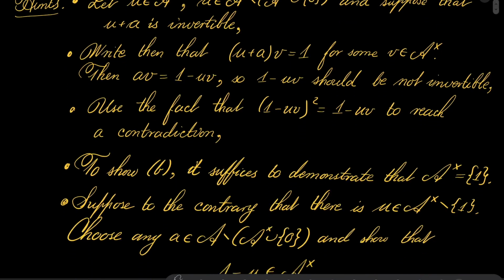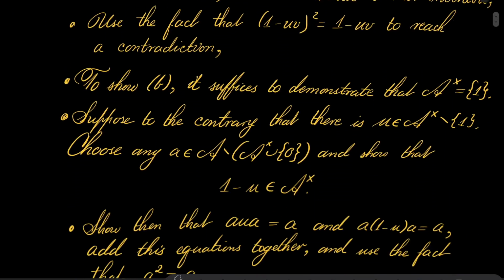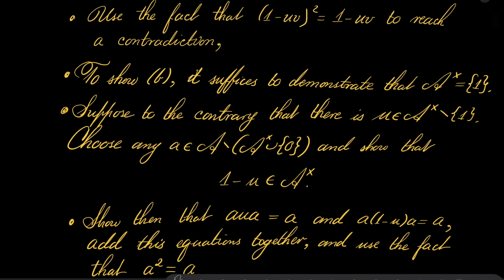Part B is trickier. To show part B, we'll demonstrate something equivalent: in fact, the only invertible element of A is 1. Suppose to the contrary that we have some other invertible element u, and now use the fact that our ring is not a division ring, so you can choose a which is not invertible and which is not 0.